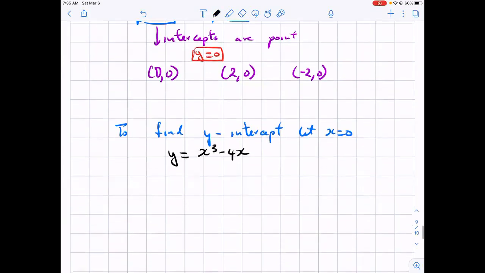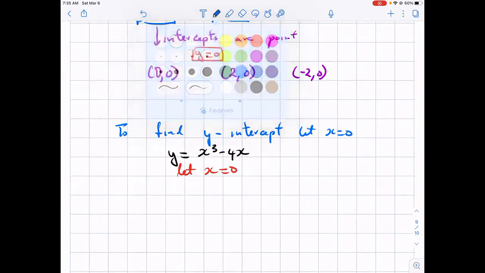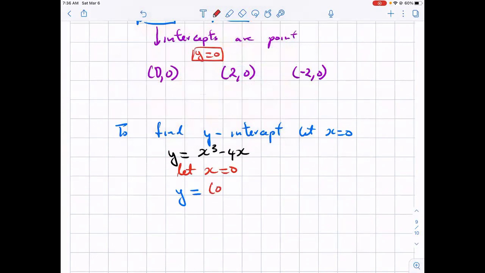Now if x is 0, let x equal 0. So this leaves me with y is equal to 0 cubed minus 4 times 0.